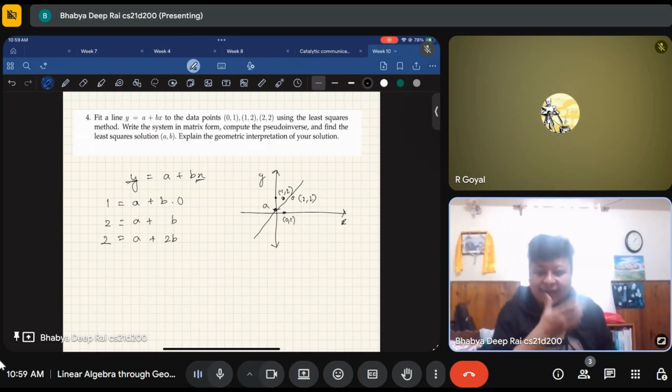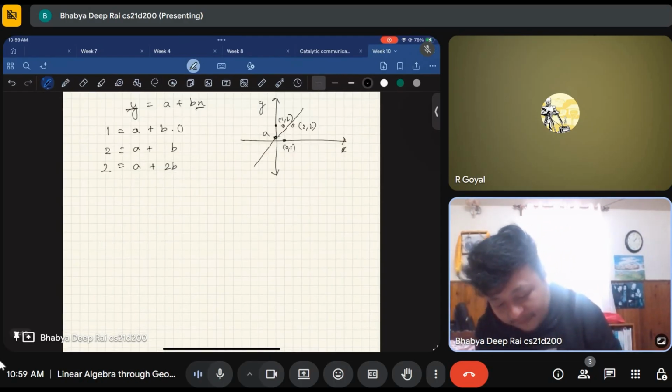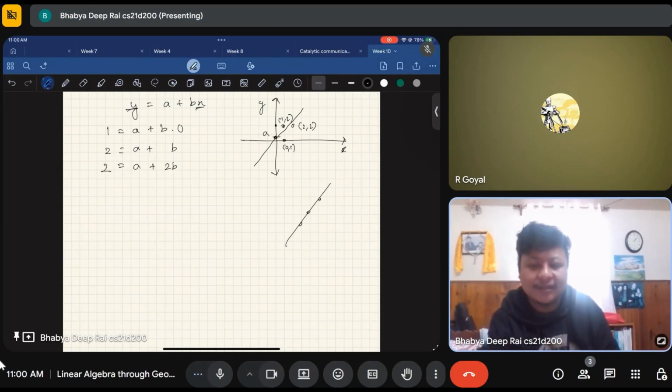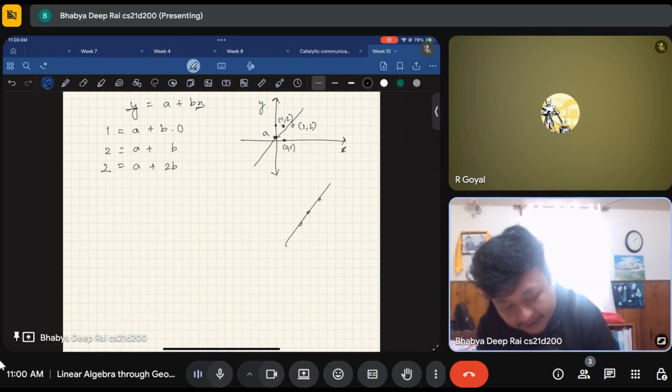This is sort of how we want the line to behave, and we want one line to approximate this. Now, I hope you can see that if it were possible to solve this and get the values of a and b, it means that all these 3 points would pass through this line, for that particular a and b.